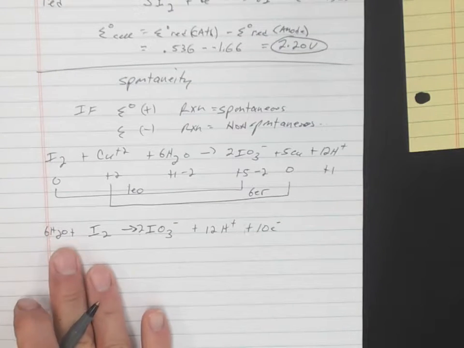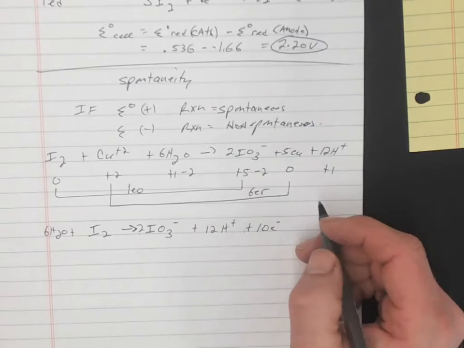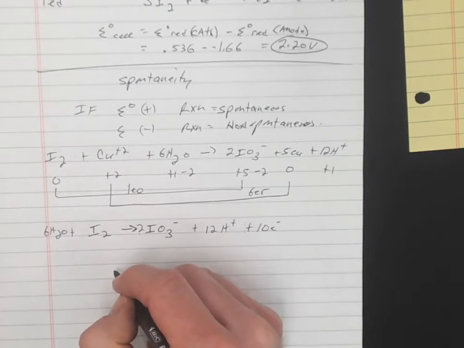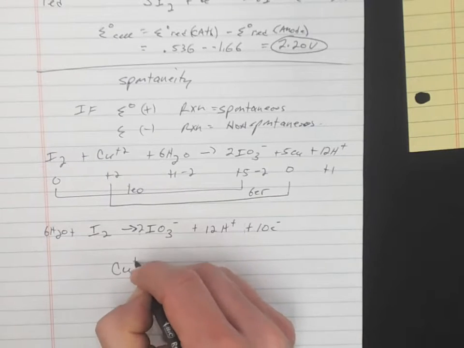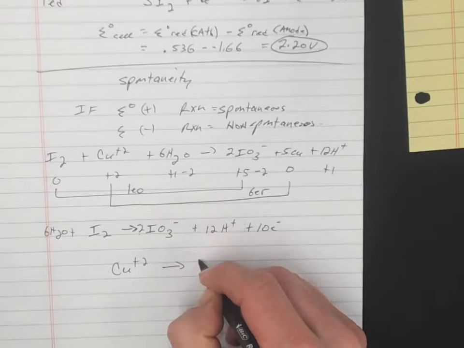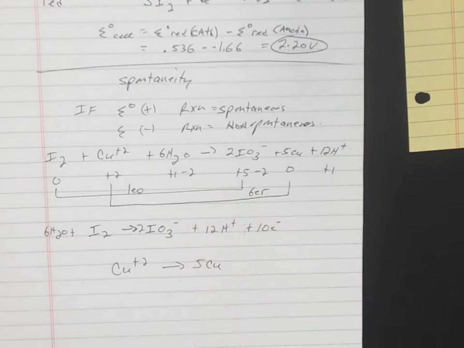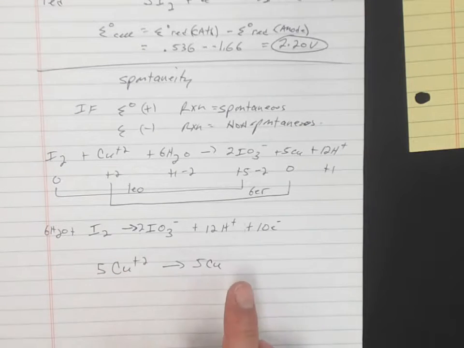We're 0 here. Now we are at 0 here. Good. And then for our copper, we have Cu2+ going to 5 Cu. So we're going to have to add a 5 also to this side. We've got plus 2, 0.